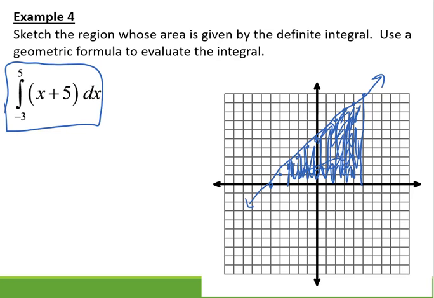In the next video, you're going to need to know the formula for the area of a trapezoid: 1/2 the height, base 1 plus base 2. Remember, the bases are the pieces that are parallel. This distance here, that's my height. So what is that distance? That is 5, 6, 7, 8.